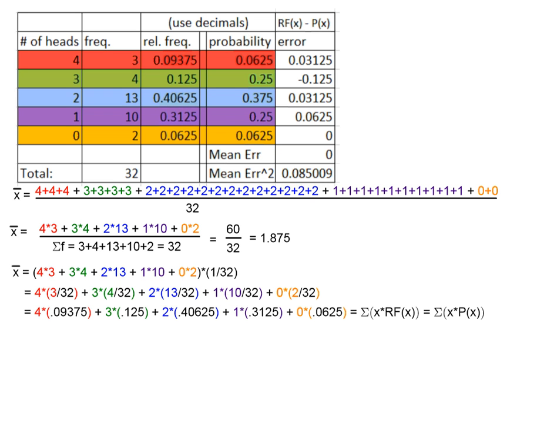So let's see what this looks like for an actual probability distribution. Instead of x bar, I'm now going to use mu, because instead of my relative frequencies, I'm going to use our probabilities.